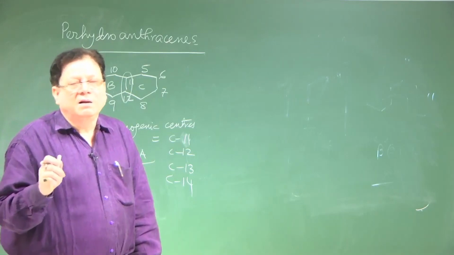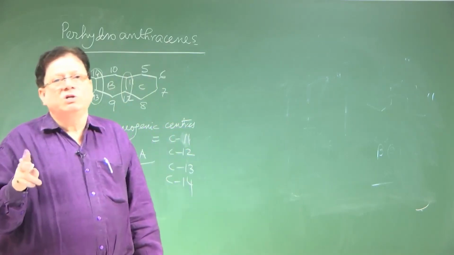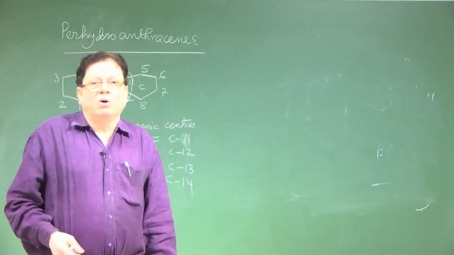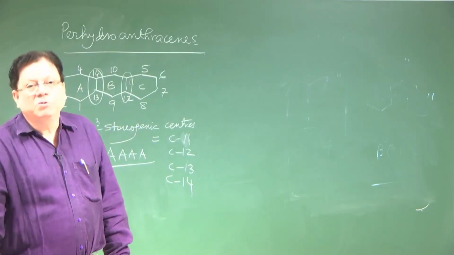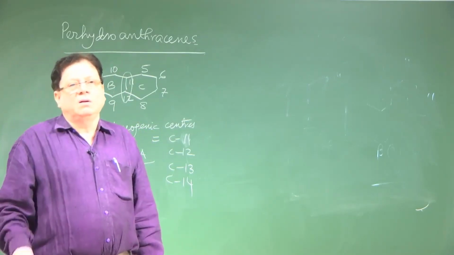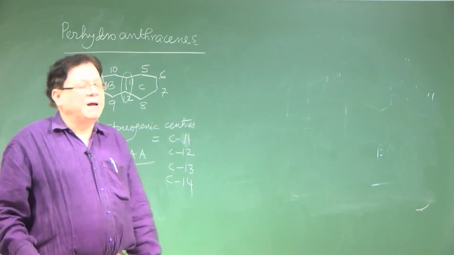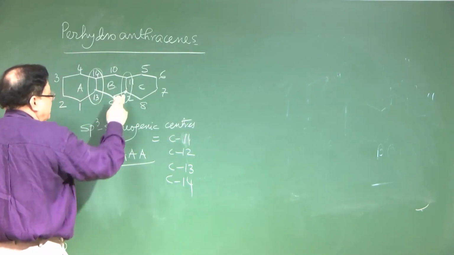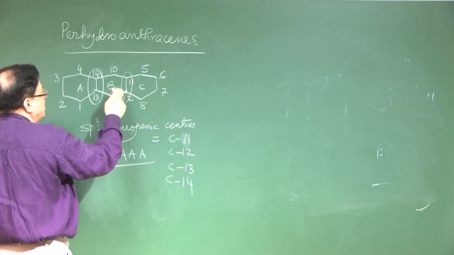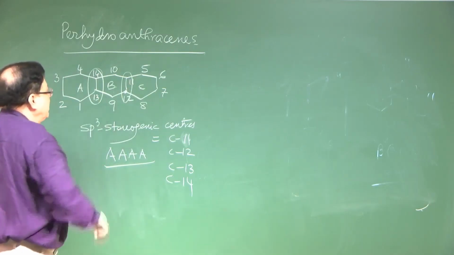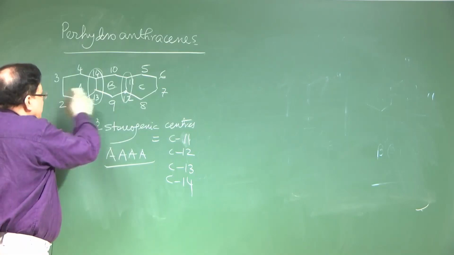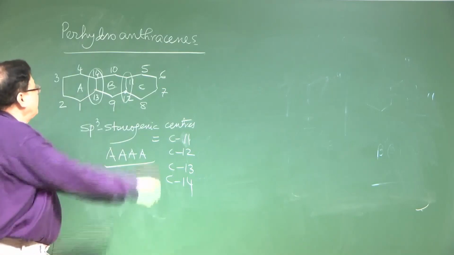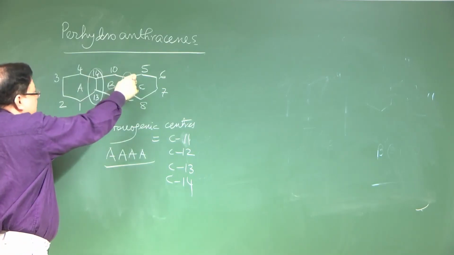That means, the relationship between atoms which are not the fused atoms between the 2 rings. Because 12 is the ring fusion carbon between B and C, and 13 is the ring fusion carbon between A and B, or you can consider 14 and 11.